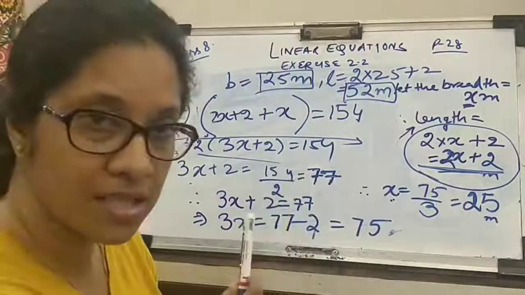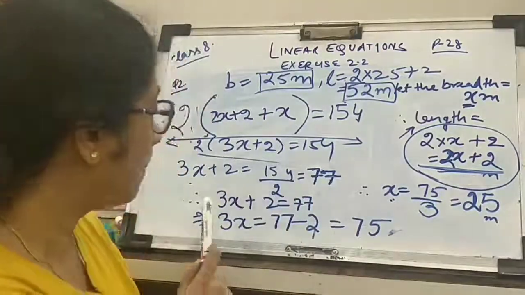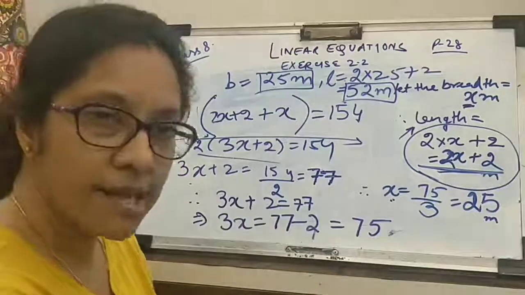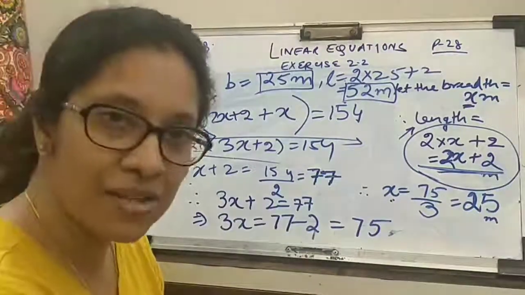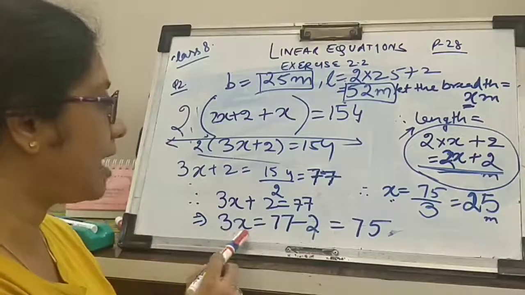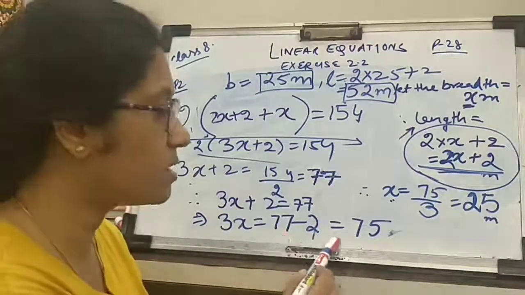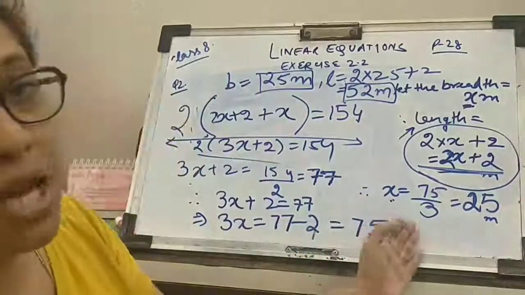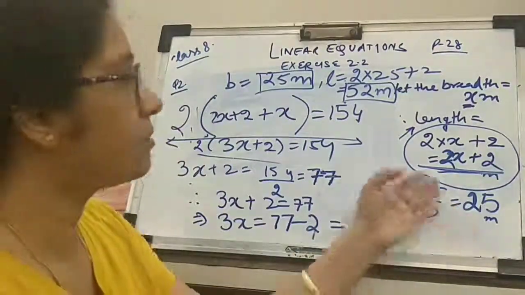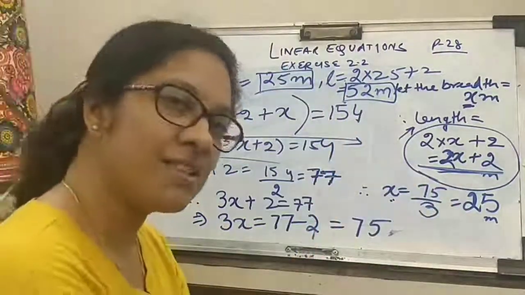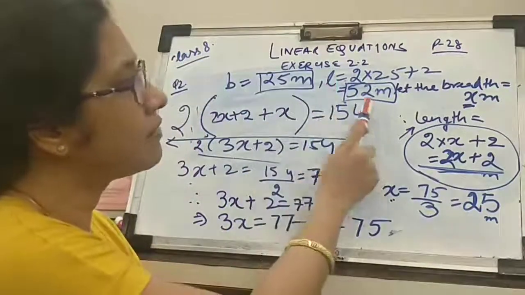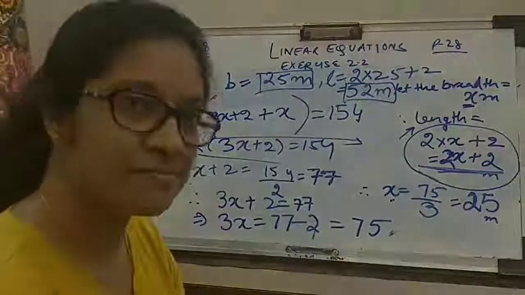So the equation that I get is 3x plus 2 is equal to 77, and therefore 3x is 77 minus 2, which is equal to 75. From here you get the value of x. If you have x, that is you got the breadth, and from there you get the length. Okay, simple. This is the breadth, this is the length. 52 meter, 25 meter. Good.